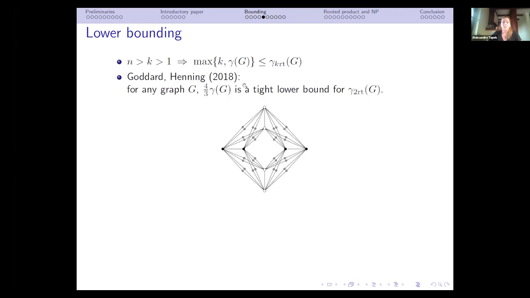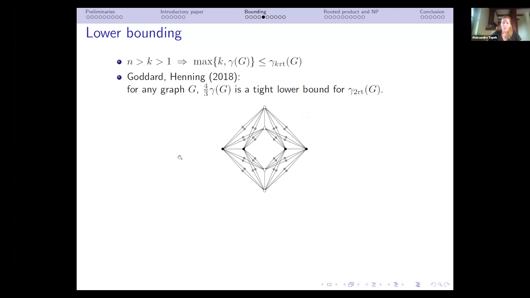But motivated by a question from this paper of Azaria and others, Goddard and Henning explored this a little bit further, and they discovered that gamma cannot be attained, because the actual bound is 4/3 of gamma. And you can see one example of graphs for which this bound is tight.